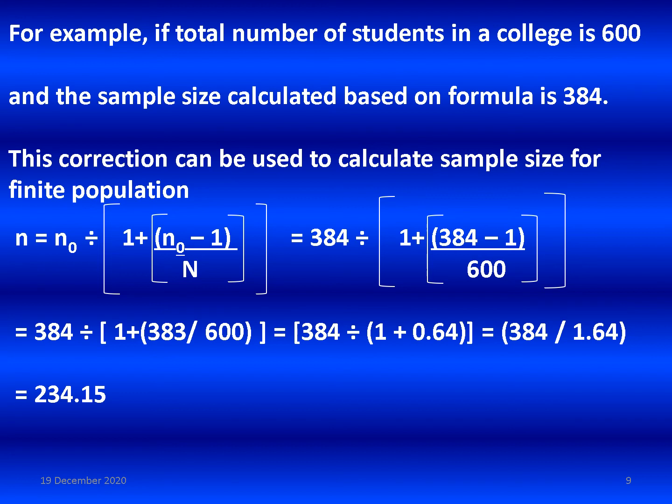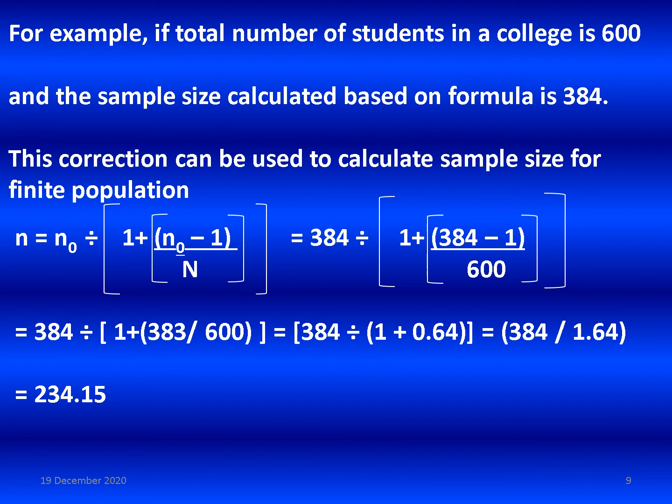So it will be 384, the calculated sample size, divided by 1 plus 384 minus 1 divided by 600. Here 600 is the finite population size, or the size of the sampling frame.